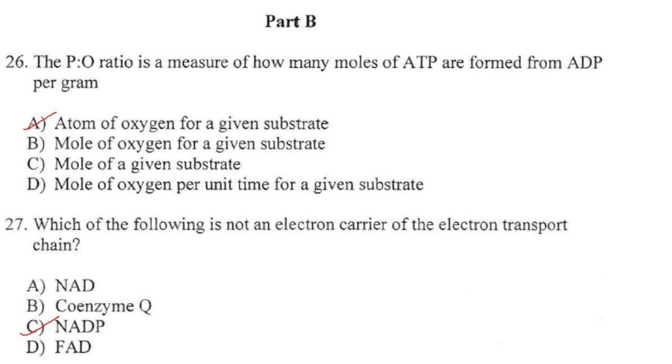Answer is option A. Which of the following is not an electron carrier of the electron transport chain? It is NADP. Answer is option C.